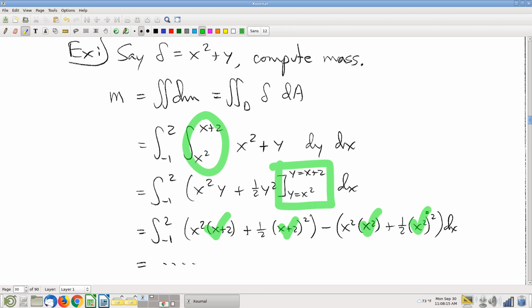And so it remains that you'll have some great big expression here that you will have to do an x integral of. You just have another source of algebra. No big deal. Everybody on board?